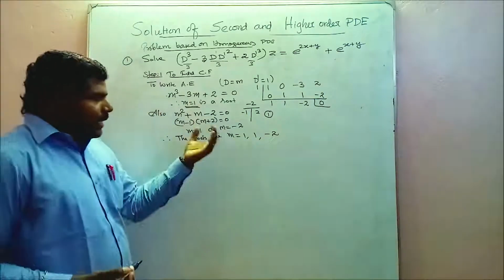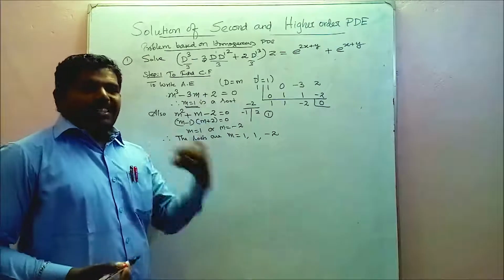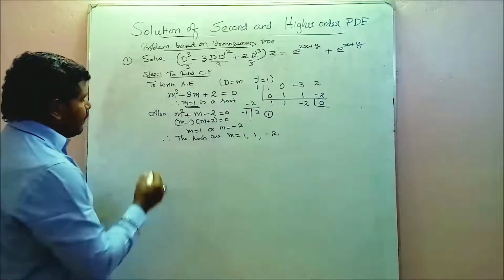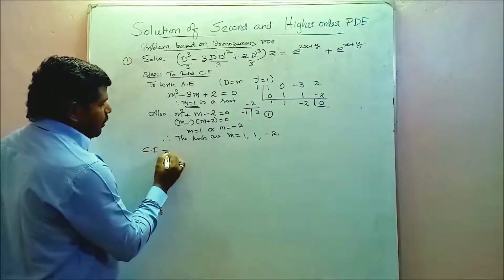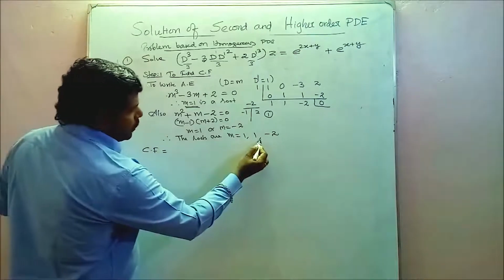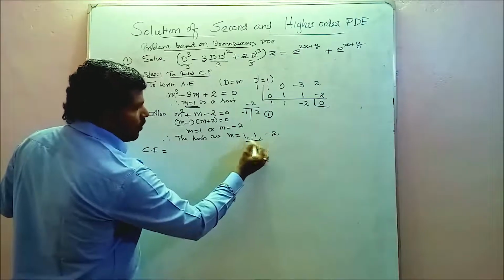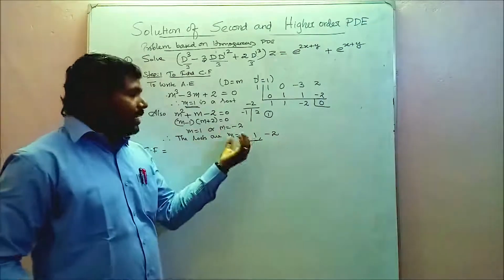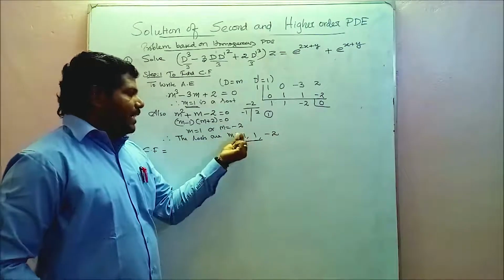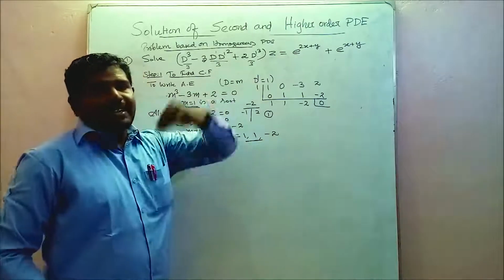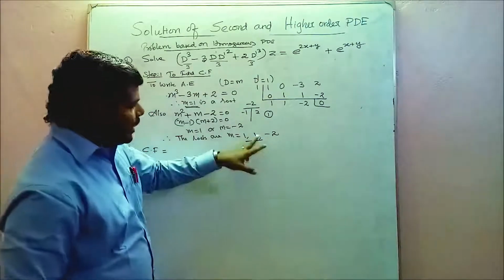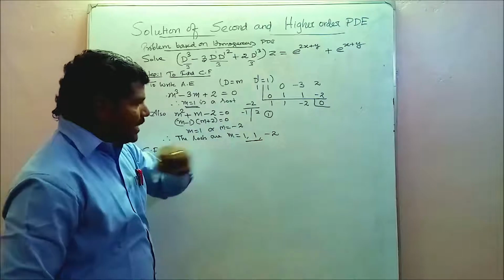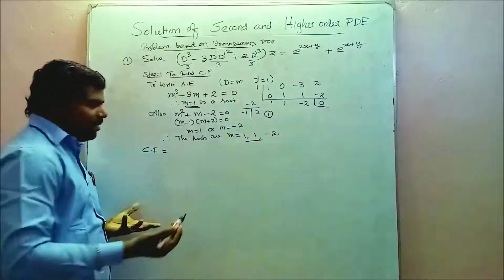From this, how do we write the complementary function? Two roots are equal and one is different. Suppose all three roots are different, we can take m1, m2, m3 and write a formula. But when two are equal and only one is different, how do we find the complementary function?